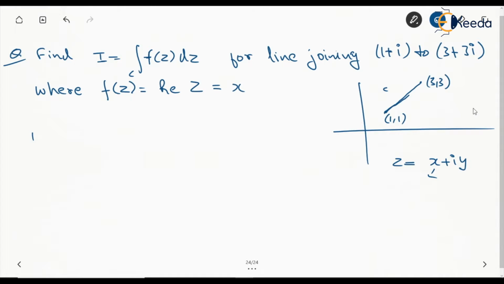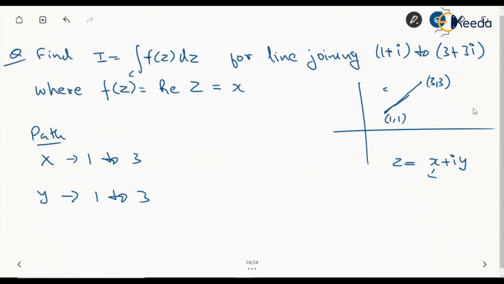Now for this path we can see that x is on a straight line and it varies from 1 to 3. Similarly y also varies from 1 to 3. So we can parameterize this. We can parameterize the function z in terms of, let's say, another variable t, and x and y will also depend on that same thing. Now that these variables are on a straight line, we can find a linear relationship with some other independent variable t.